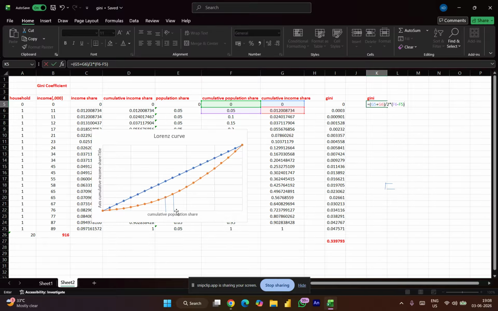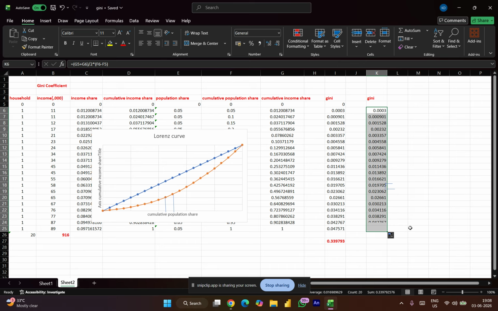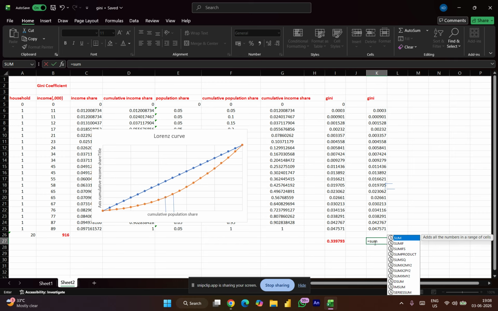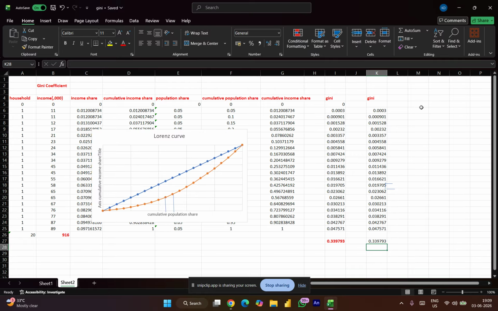In this way, for each breadth of the rectangle, we can get it by shifting down. Now, if we take the sum, it is 0.339, the same.